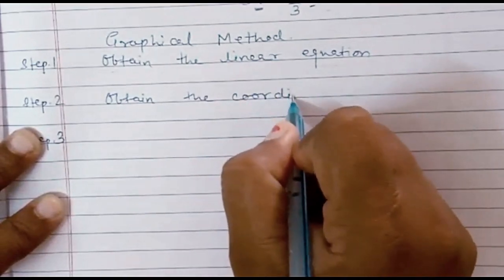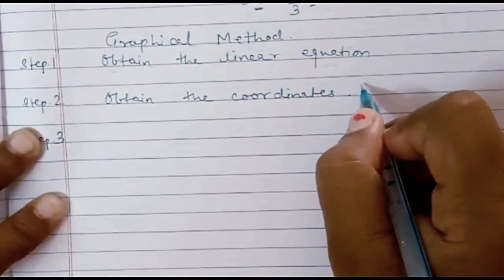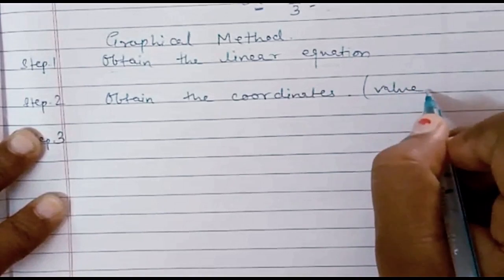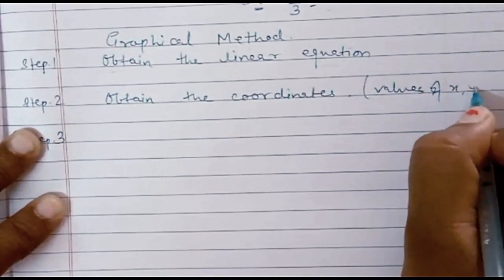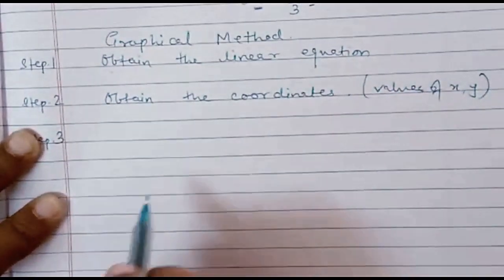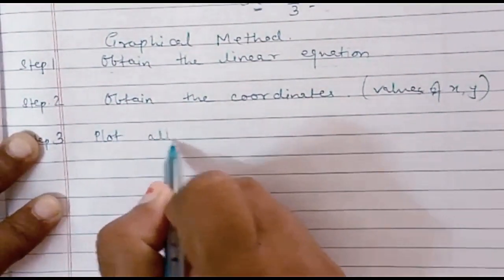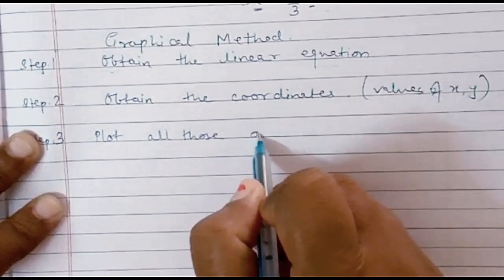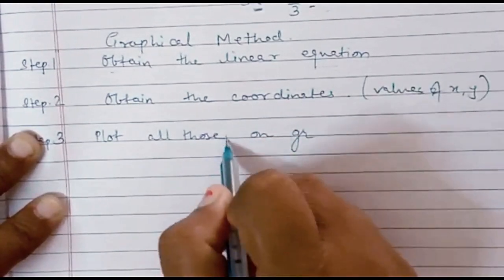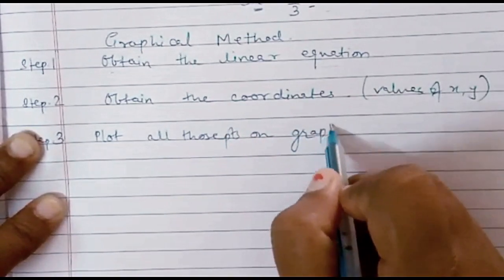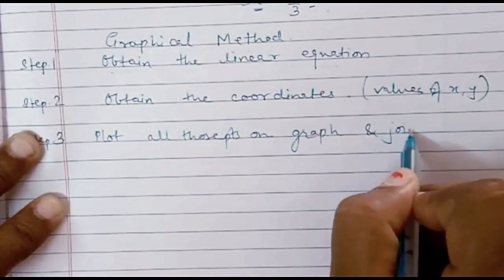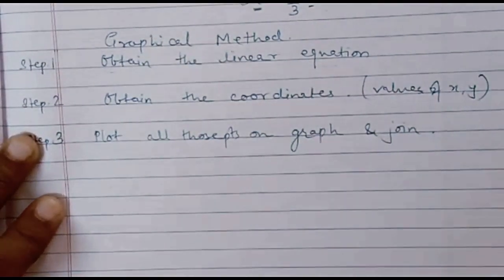That means we need to find out the values of the variables x and y or a and b, whichever you have used. Third thing is plot all those points on a graph paper, and then join them. So on joining them, we will be getting a straight line.